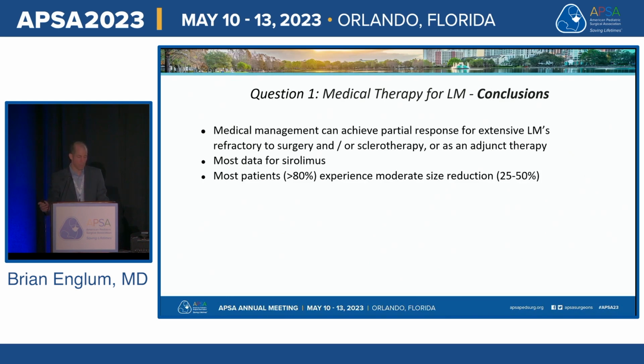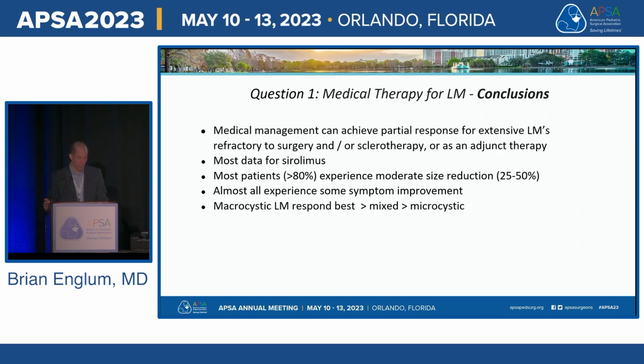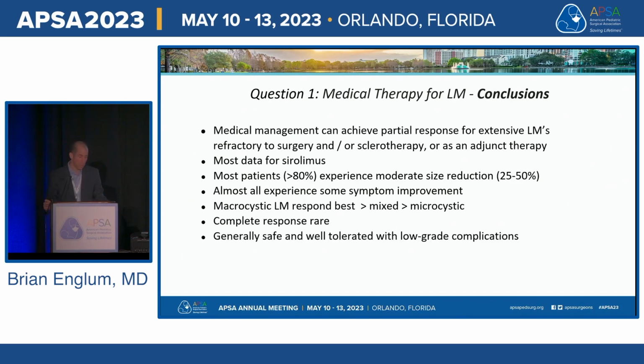Most patients experience a moderate size reduction in their lymphatic malformations, but almost all experience some symptomatic improvement. Macrocystic lesions respond better than other subtypes, and although complete response is rare, these medications are generally safe with low-grade complications, if any. These are grade C recommendations based on level of evidence 4.